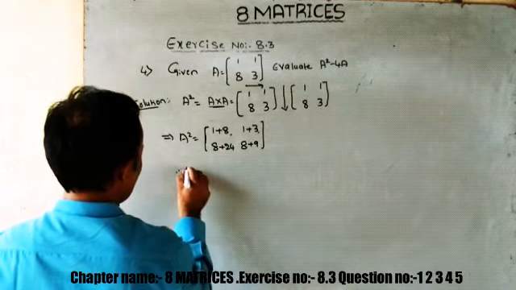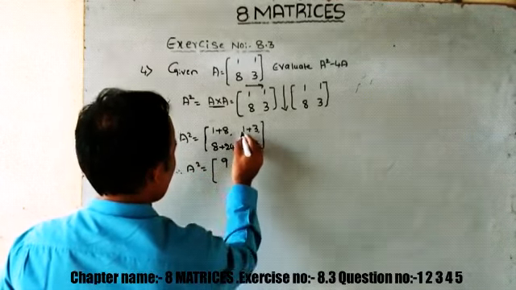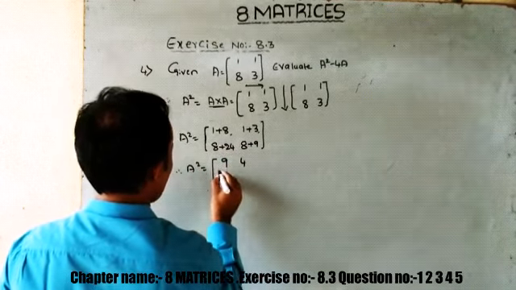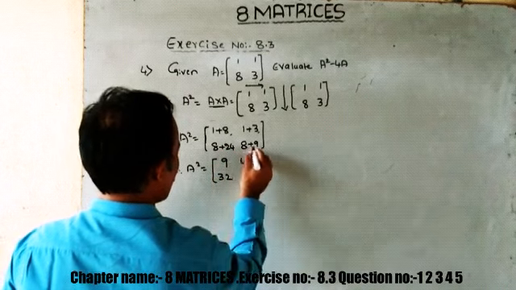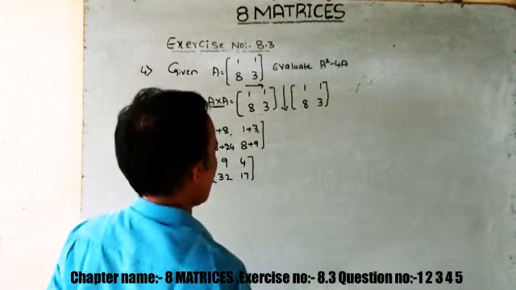Therefore, the value of A square is equal to 1 plus 8, 9. 1 plus 3, 4. 24 plus 8, 32. 8 plus 9, that is 17. So this is the value of A square.